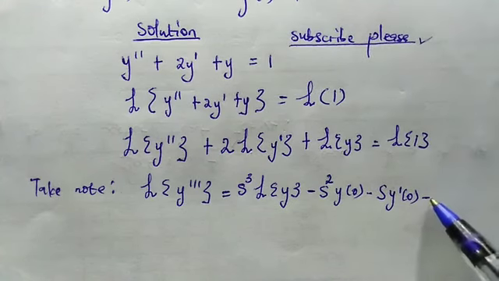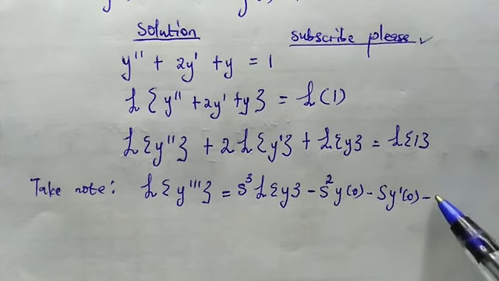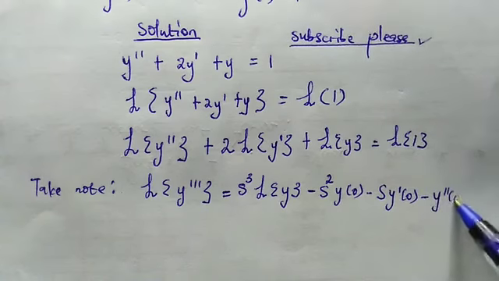Then minus s to the power of 0, which is 1, multiplied by y''(0).